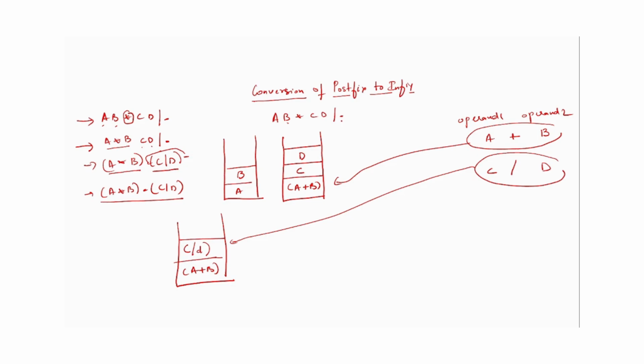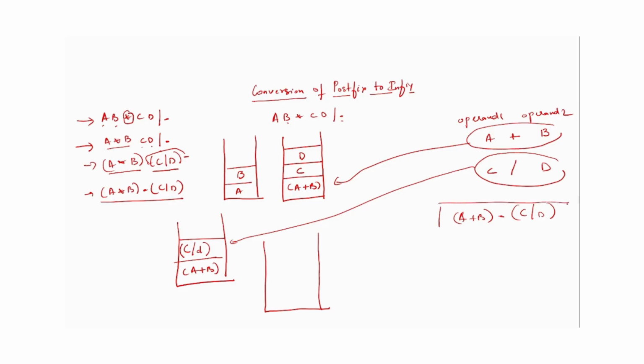Now the only operator left is minus. We have come till here. Now I'll just put a bracket here. A star B would be operand 1, C by D would be operand 2. I pop both out, and once I pop both out, we have an empty stack here. I'll keep minus as the operator here.